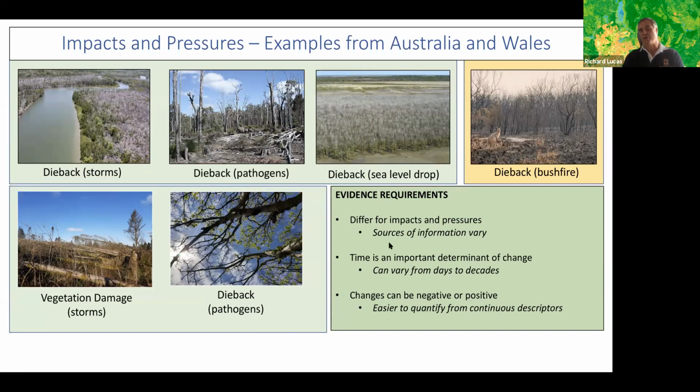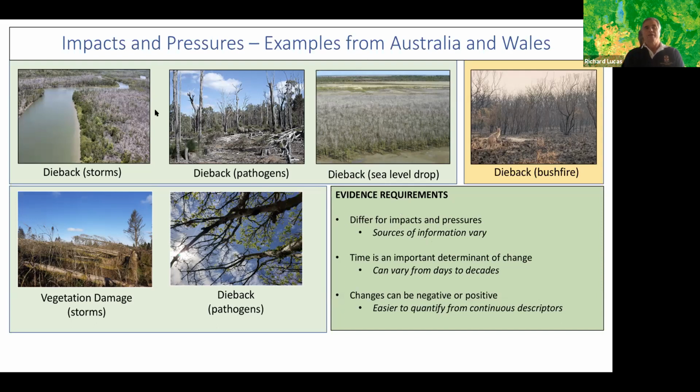So your evidence is quite interesting. You've got impacts and pressures. Sources of information vary. Time is an important determination of change, and that goes from days to decades. And changes can be positive. So if you're restoring an area, then it can be an increase in vegetation amount because of restoration. So that's what that would do for you there.